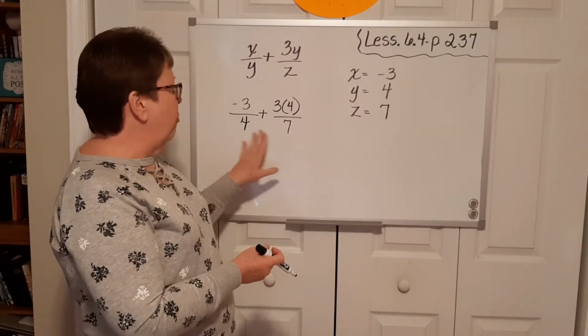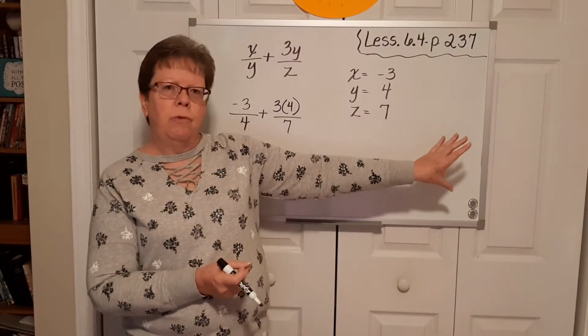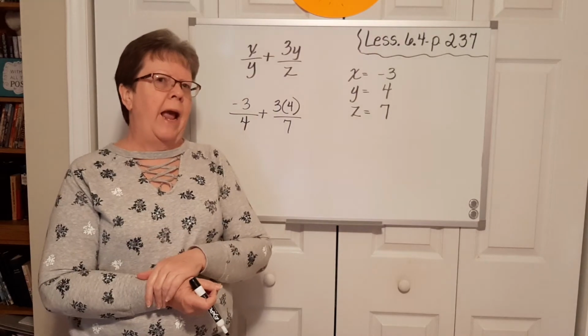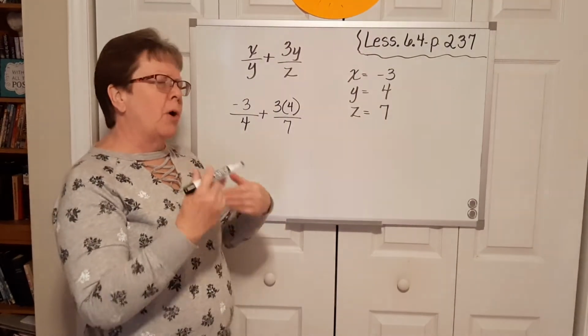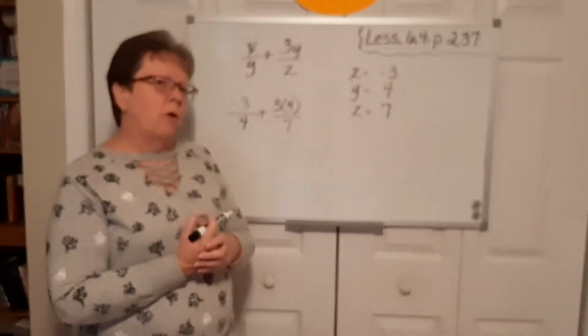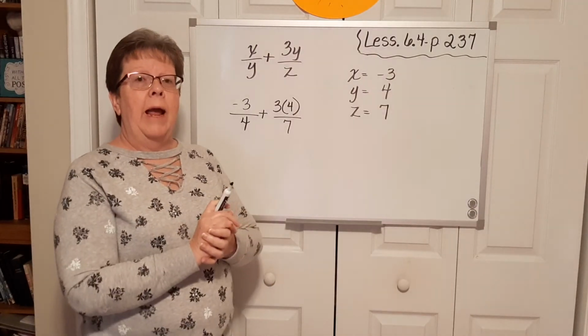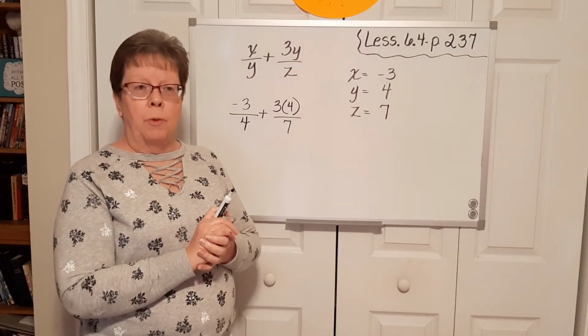You can write down your 4 and your 7, and you can start counting by those 2 numbers until you come to the first one they have that's alike. That's a pretty simple way to do it when you have smaller numbers. If you get into the larger numbers, you need to find your prime factorization, use your factor trees and factor it out, and then find your least common multiple that way.